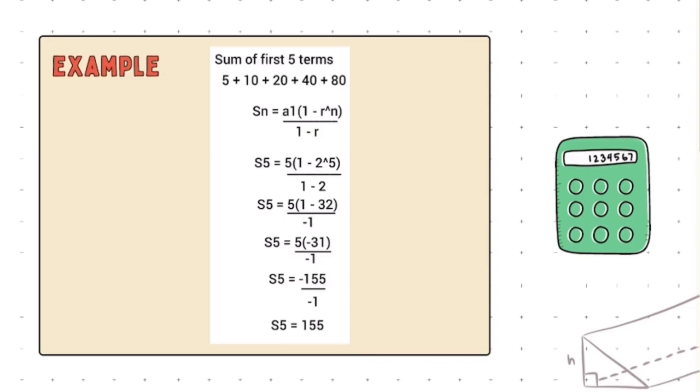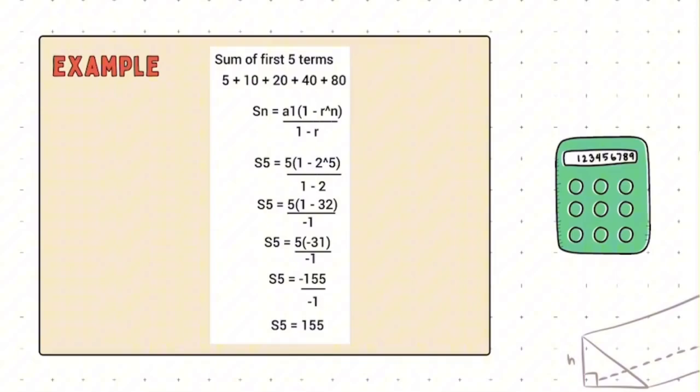By dividing the second term by the first term, 10 divided by 5, which equals 2. Let's check. 20 divided by 10 is equal to 2.